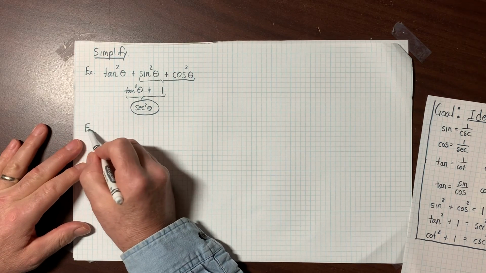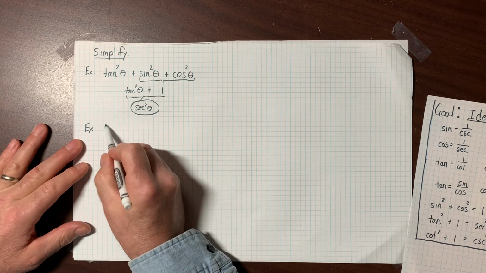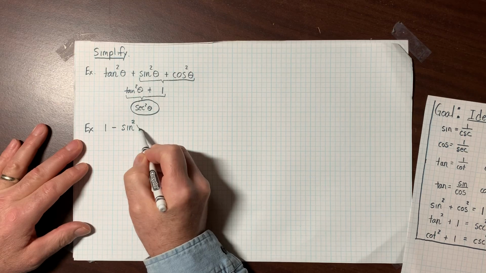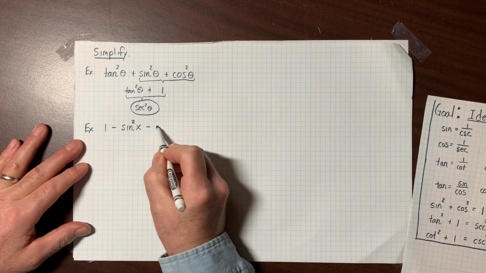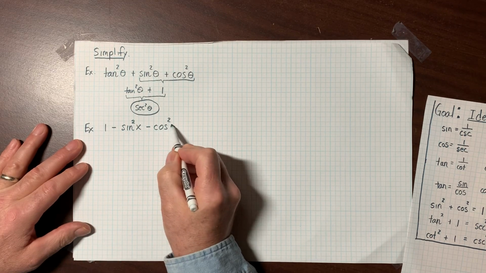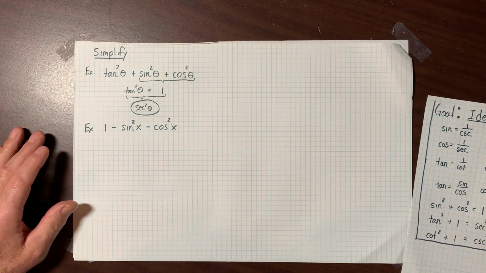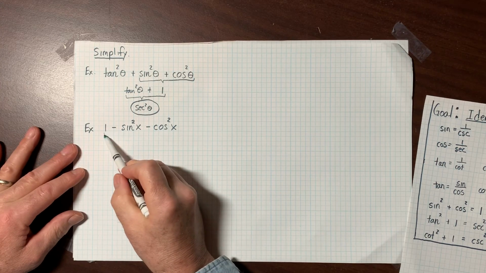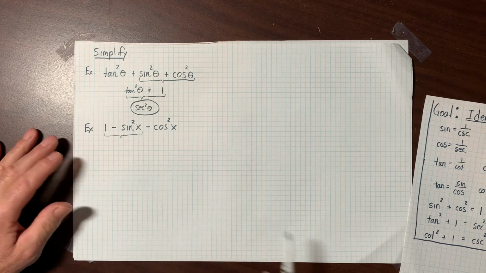Another example. 1 minus the sine squared of x minus the cosine squared of x. Here's what I see when I look at this. I see this part of the expression.